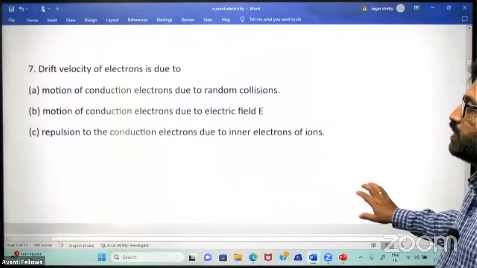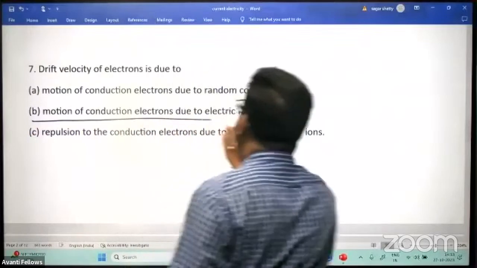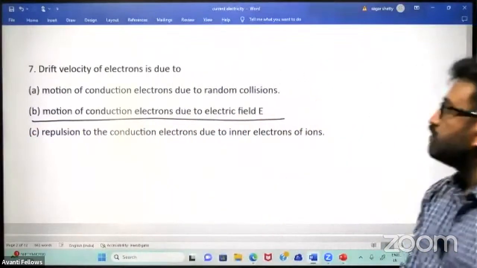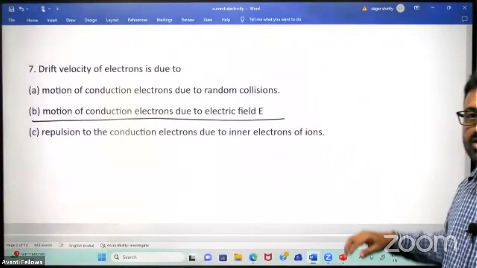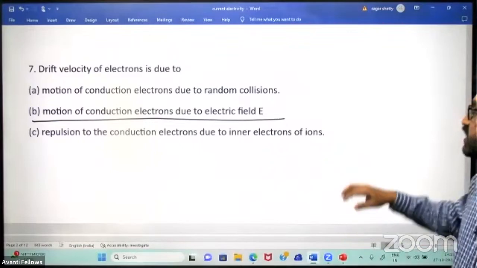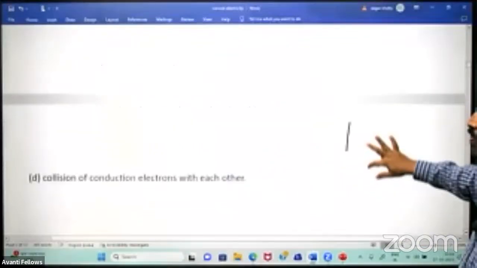Which is the correct option? The correct option is B, motion of conduction electrons due to electric field. That is the correct option.